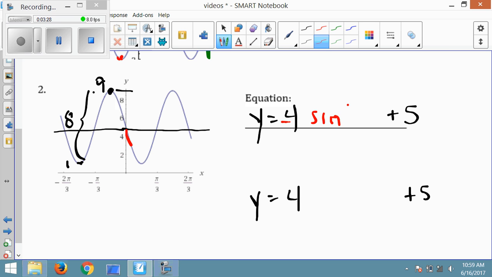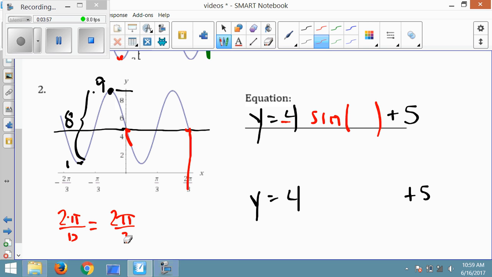This one has no shift to it, since I'm starting right at 0, I have no horizontal shift. So I just basically need to figure out my period. And if you look, you end up with one full period is 2 pi over 3. So what that means is we need to figure out what b value gave us a 2 pi over 3 period.